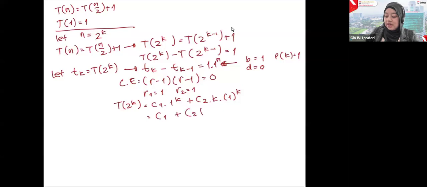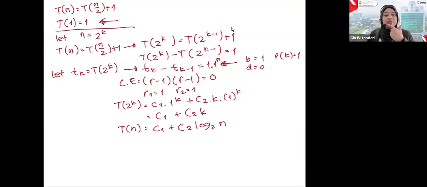So basically I can write it like this, and we can change it back to n like this. And after we have Tn, that's when we can substitute the base cases to it to find the value of C1 and C2.